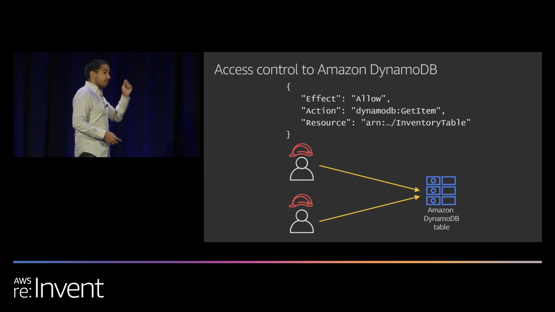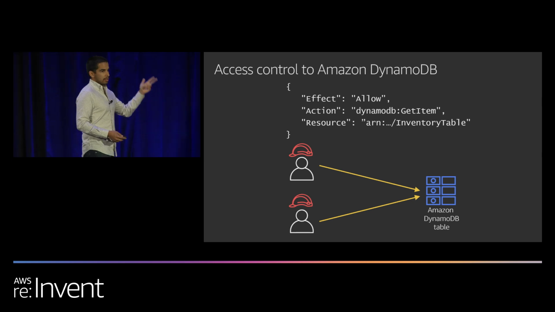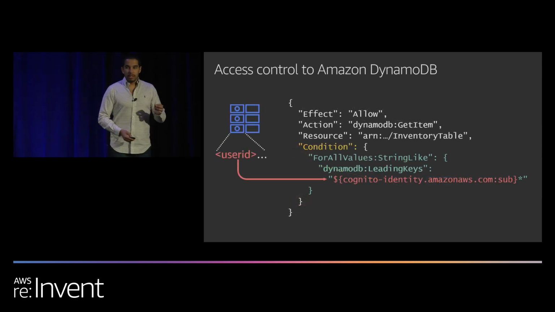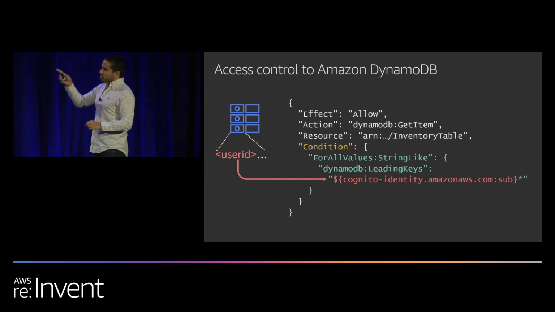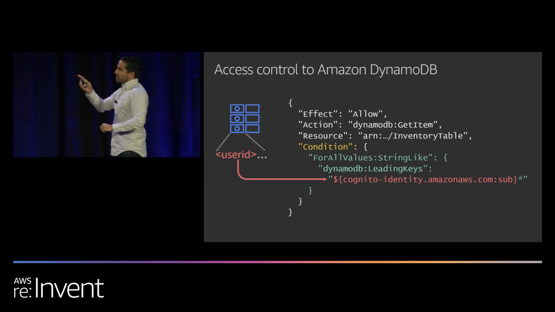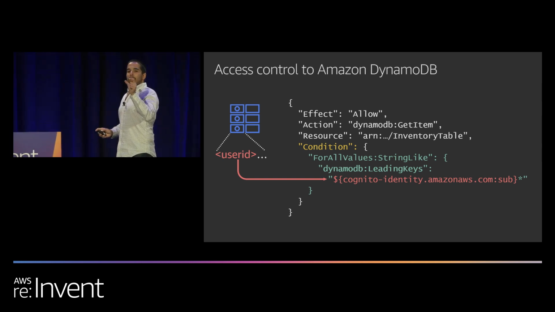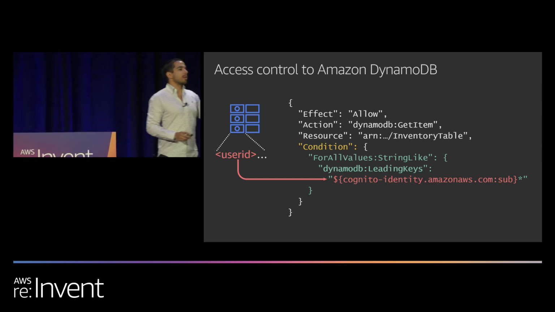But if you're using Amazon Cognito, DynamoDB, and of course, AWS IAM, there's a pretty cool native integration that, with the use of the condition dynamodb:LeadingKeys, allows you to inspect the partition key of that request.